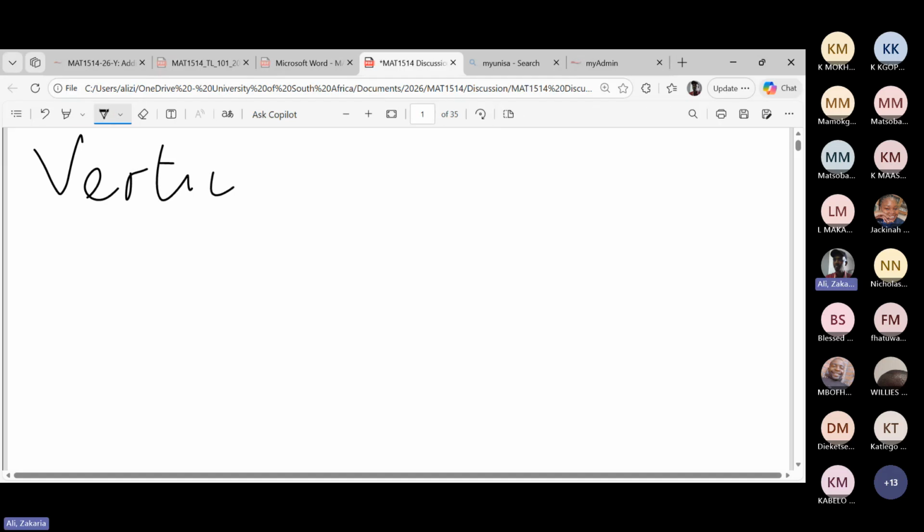We're going to do, I can't remember if I did the vertical line test. We're going to do the vertical line test for you to understand the notion. I might say that not every curve represents a graph of a function, right?